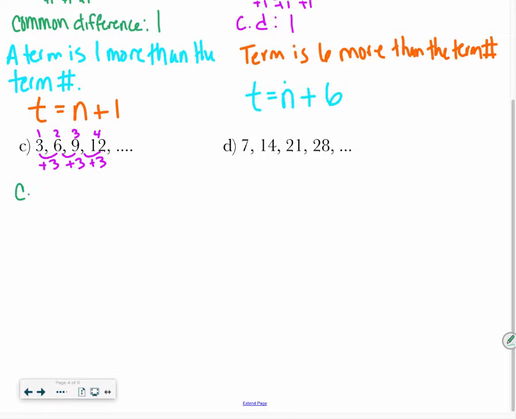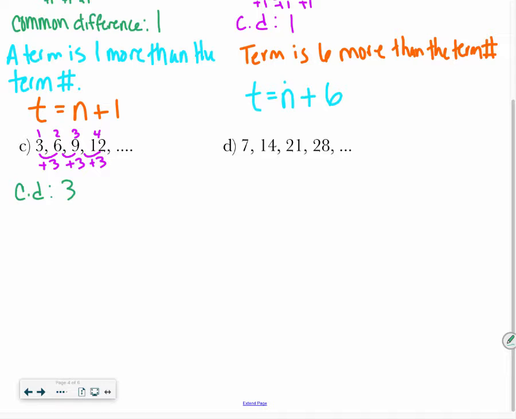I know my common difference is 3, but how are these terms related? If we did our previous method, 3 is 2 more than 1, 6 is 4 more than 2, 9 is 6 more than 3, 12 is 8 more than 4. So that system doesn't help.